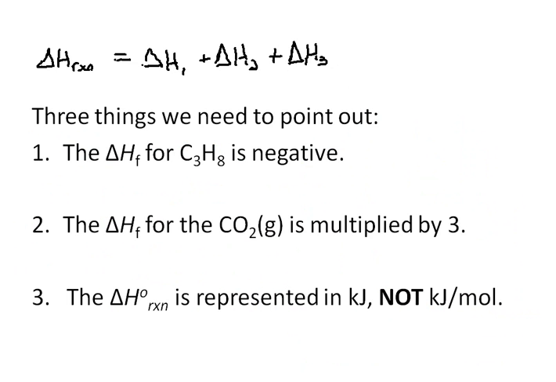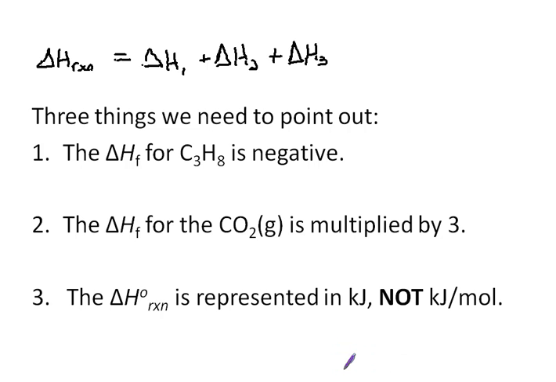Okay, so I just copied this over to the next slide. The delta H reaction is equal to delta H1 plus delta H2 plus delta H3, and obviously I'm at the top of my board because it's very messy and I'm having a hard time writing it up there. But we're going to plug those numbers in, and what we said was that the propane is actually being broken apart.